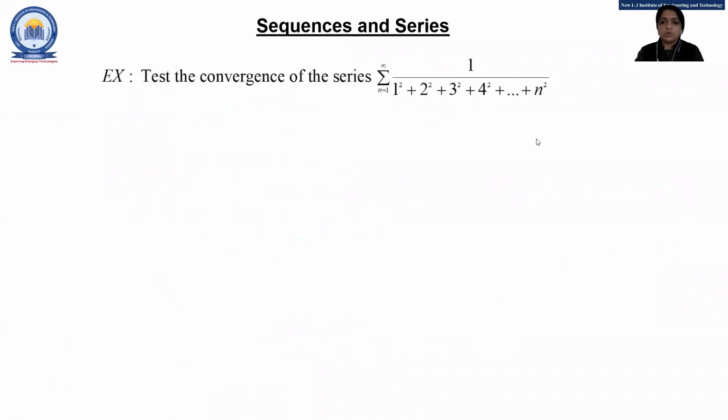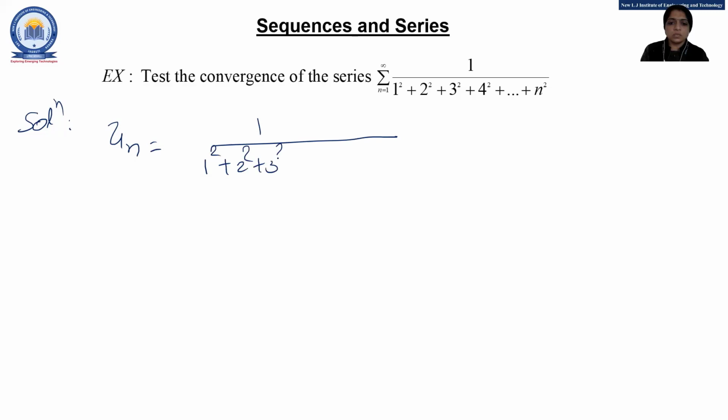Let's move on with one more example, then you will get a better understanding. See, the solution: test the convergence of this series. Here, what is your Un? Your Un is 1 upon 1 square plus 2 square plus 3 square plus up to n square.